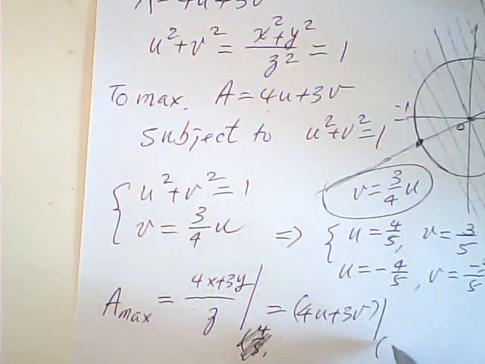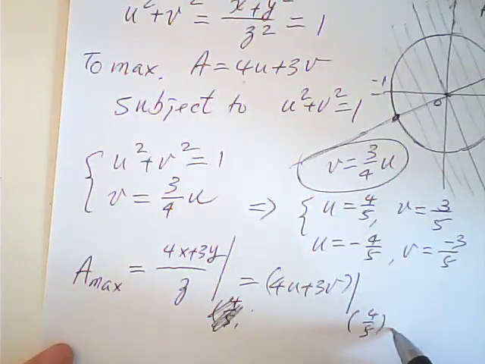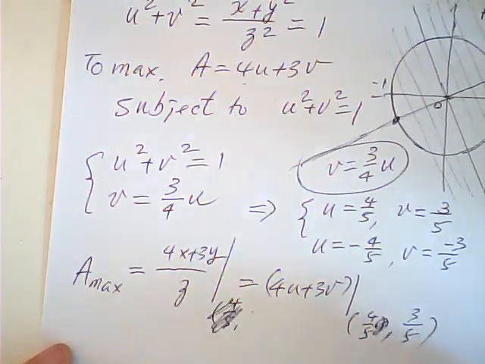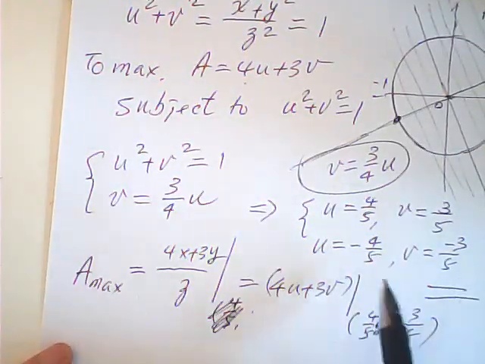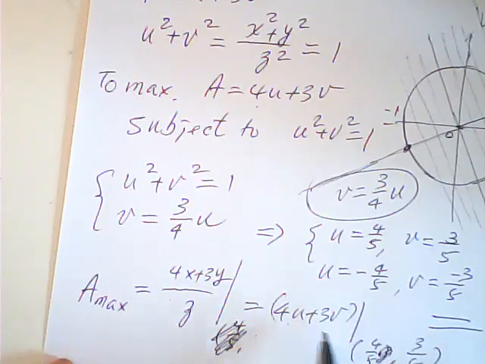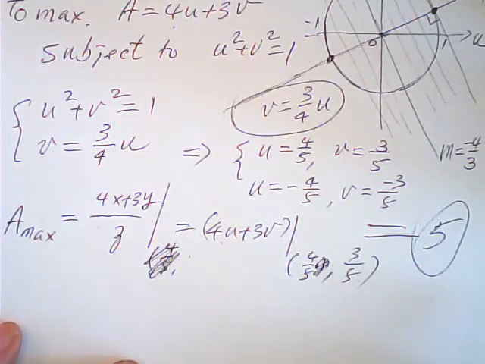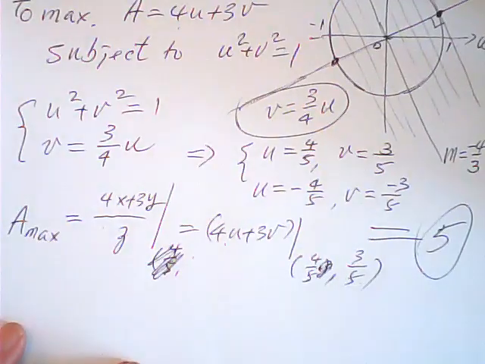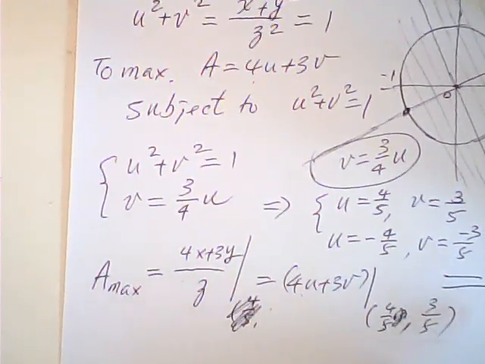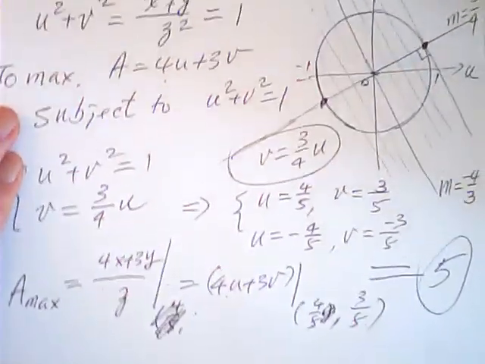Then at u equals 4 over 5 and v equals 3 over 5, this is equal to 5, right? So this is our maximum value of A. Okay, so we find the maximum, and the other point gives the minimum. Yeah. So this is method 1.